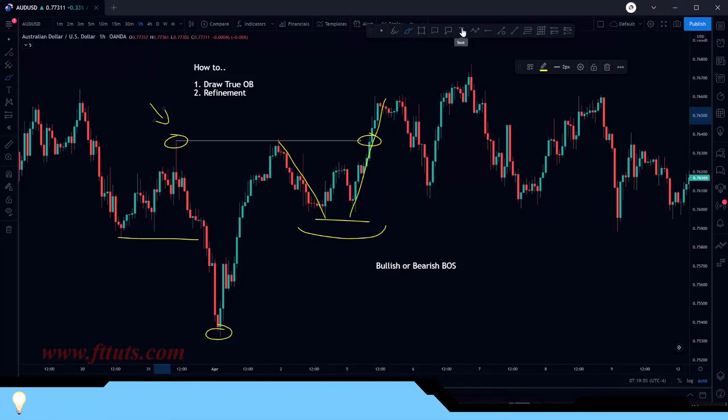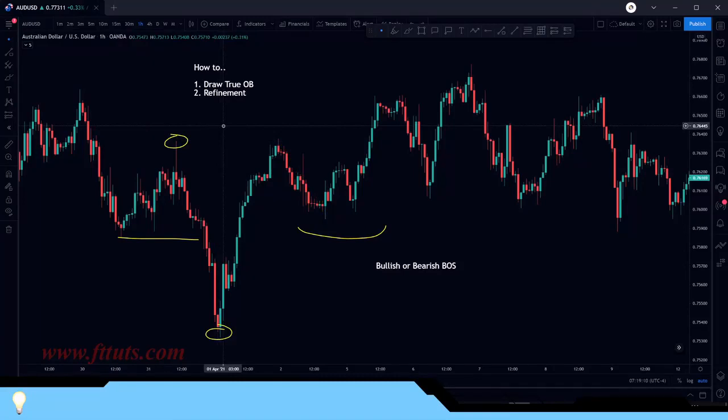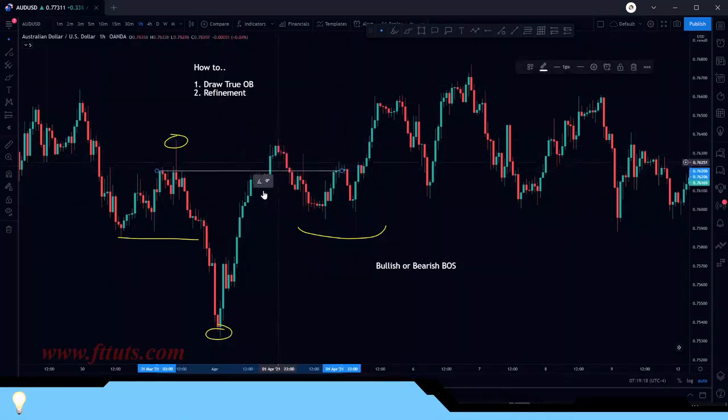Okay, now if you were looking at type 2, of course it would be slightly different, where your break of structure would have happened over here. So then this would have been another break of structure over here. So all in all, it would tell you pretty much the same thing.